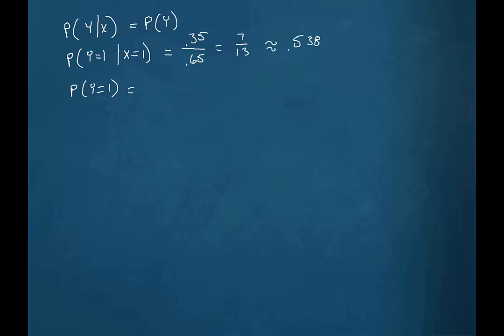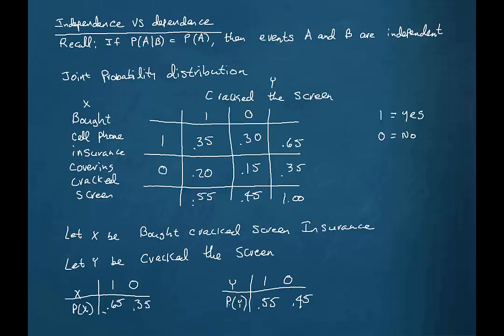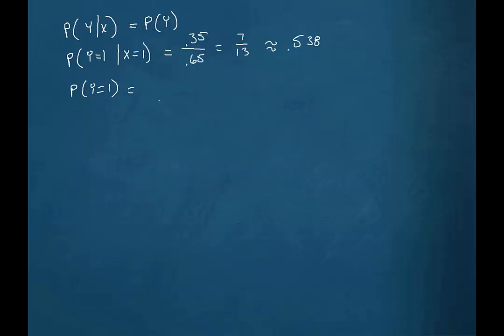Looking back, the probability that Y is equal to 1 is 0.55. So what we found now is that the probability that Y is equal to 1 given X is equal to 1 is not equal to the probability that Y is equal to 1.